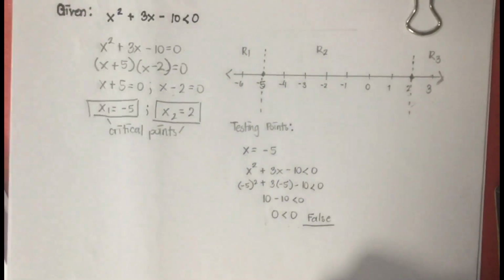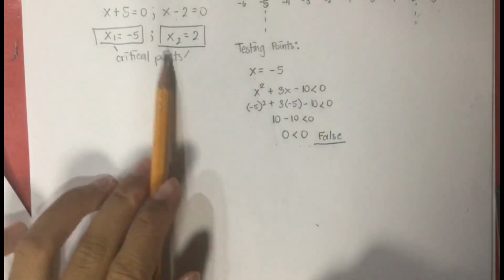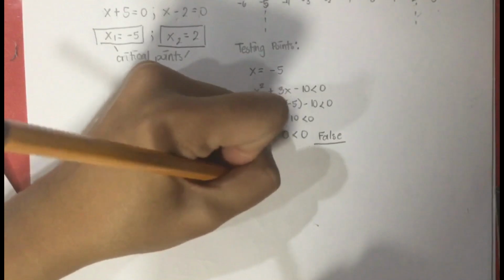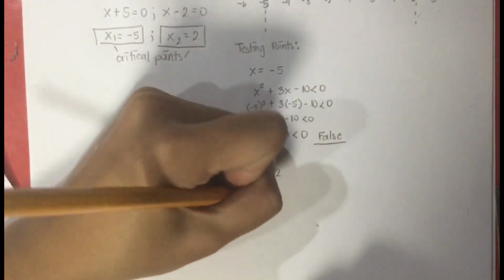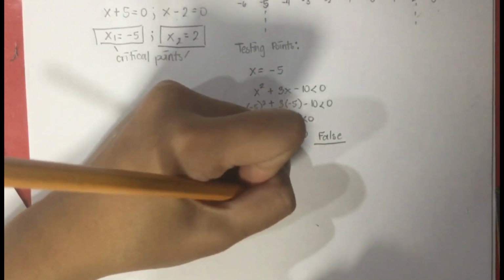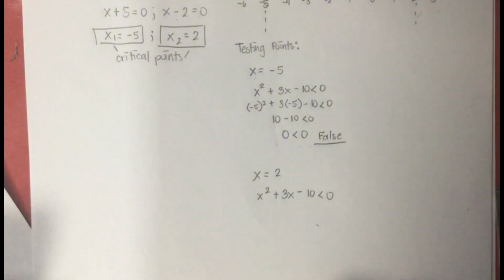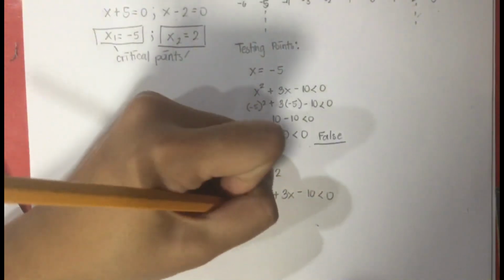Then let's head on to our x sub 2, which is 2. So x is equal to positive 2. Copy the given. Then I'm going to replace x with positive 2.